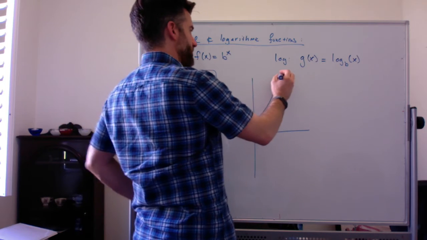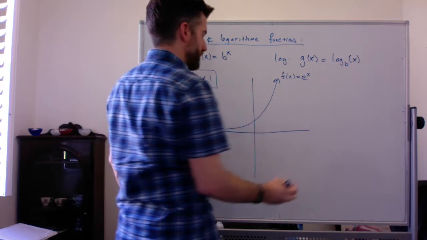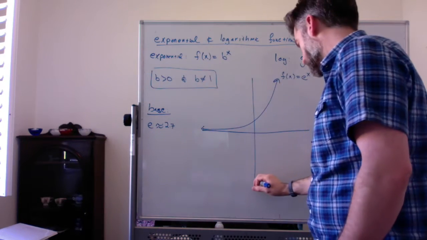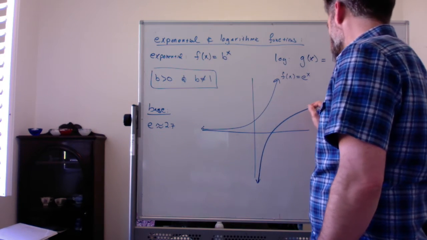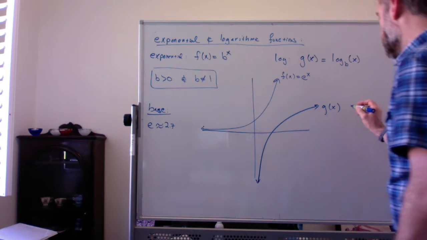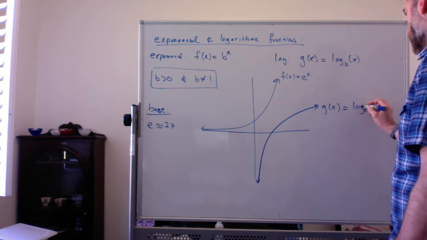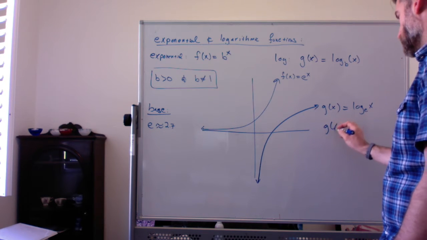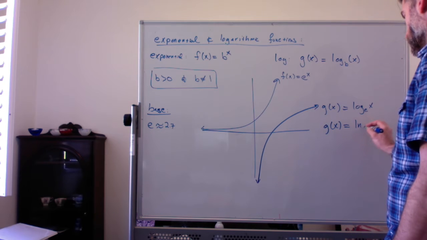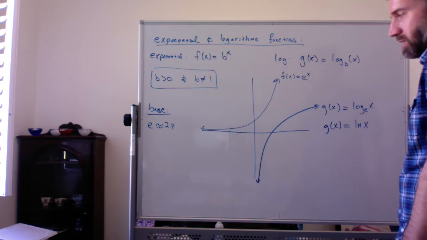So I'm really thinking of this as f of x equal to e to the x, and this other function down here as g of x equal to the log base e of x, which you're certainly allowed to write, but the more standard abbreviation is g of x equal to the natural log of x. They mean the same thing, we're just lazy and we like to write fewer letters.